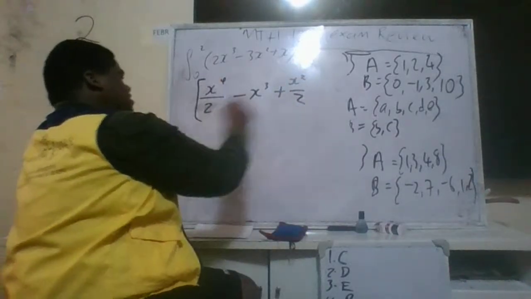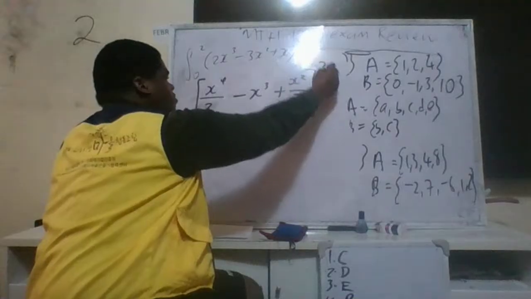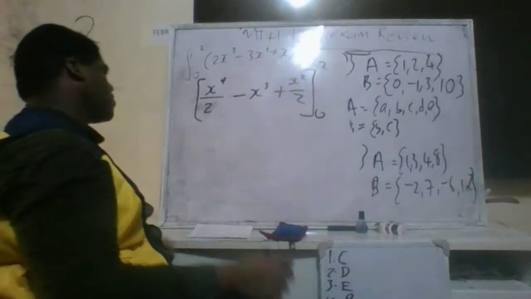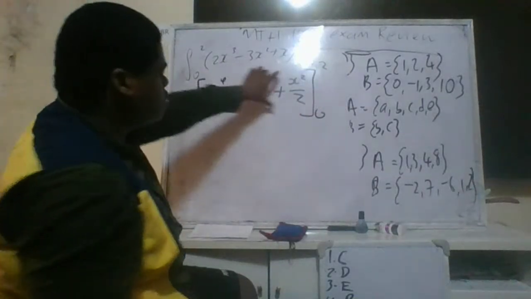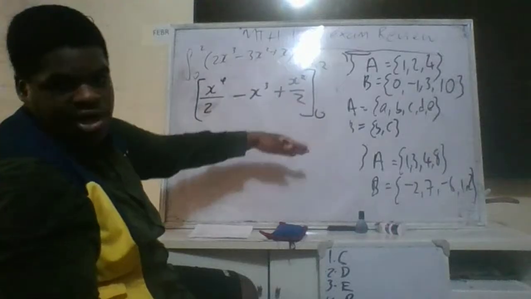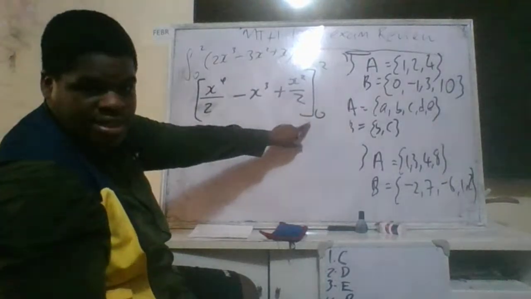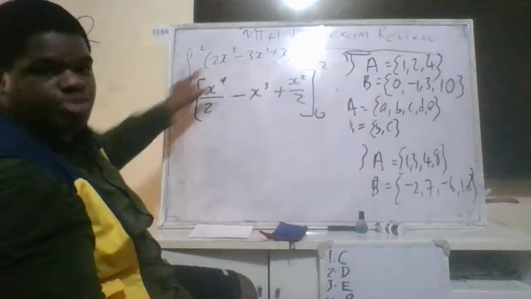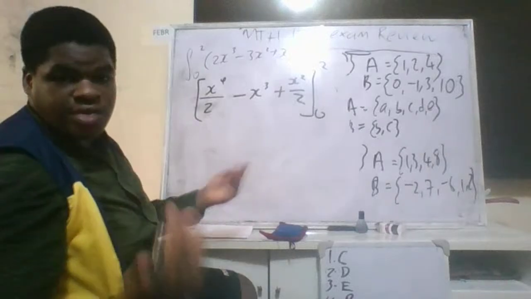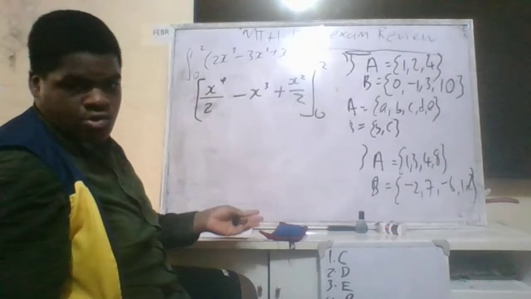Now we're evaluating this from 0 to 2. Remember it is the upper limit minus the lower limit. When you put 0 in, everything will be equal to 0, so there's no need to evaluate the lower limit.